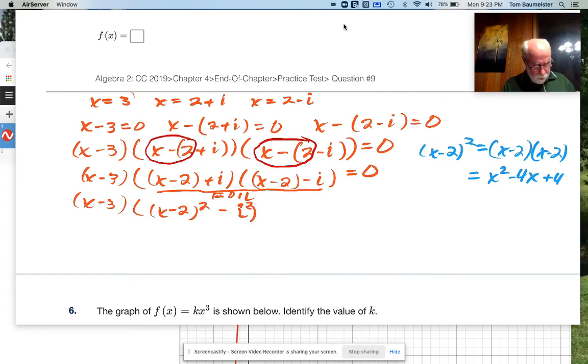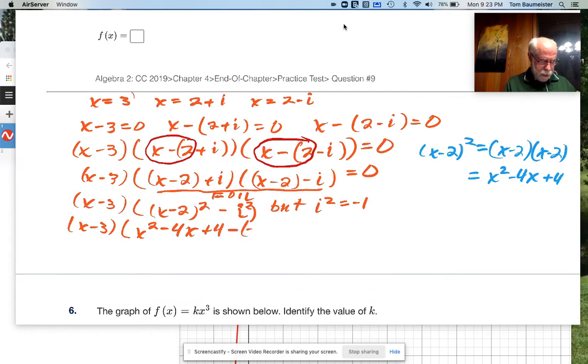With the other part, what you have to remember is that i squared is equal to negative 1. So then we're going to have x minus 3 times x squared minus 4x plus 4 minus a negative 1, which hopefully you'll see is 5.